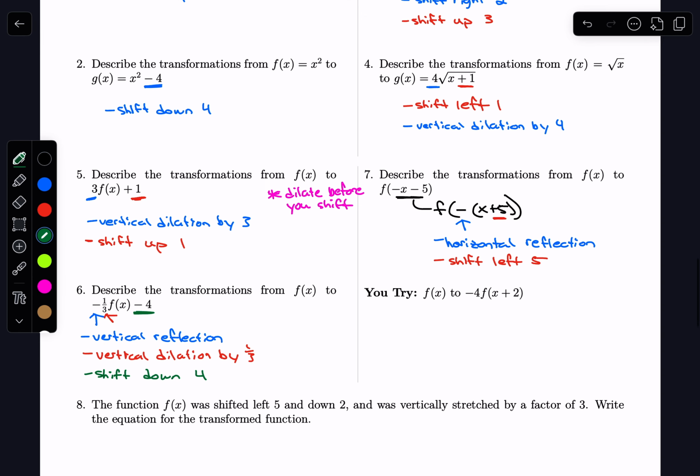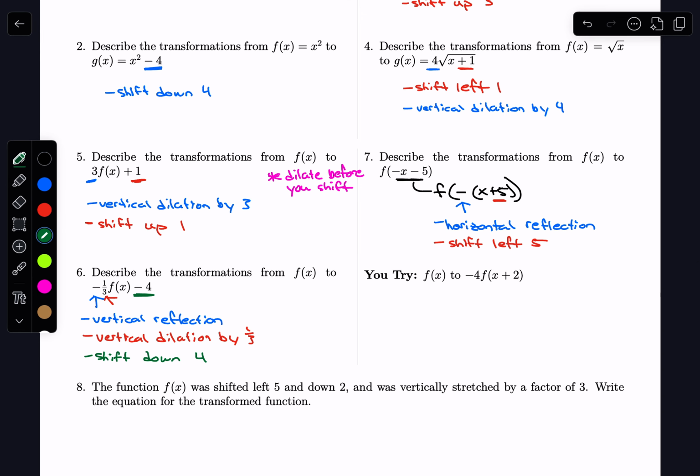All right, and for that one, we're going from f of x to negative 4 f of x plus 2, where the negative sign in front is going to be a vertical reflection, just like the previous one. Then the 4 next to it is going to be a vertical dilation by 4.